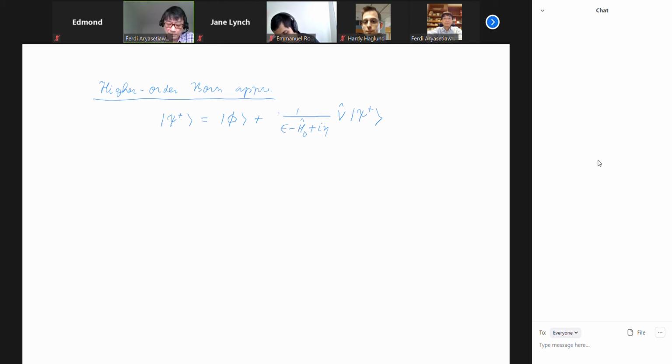So the higher order Born approximation is basically obtained by replacing this with the solution. Yes, rewrite it like this. So we replace this with phi plus 1 upon E minus H0 plus i eta V psi plus. So that's what we have here.